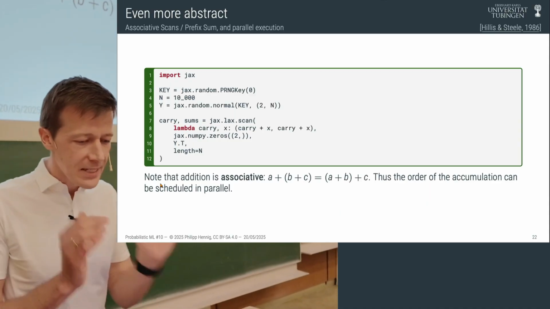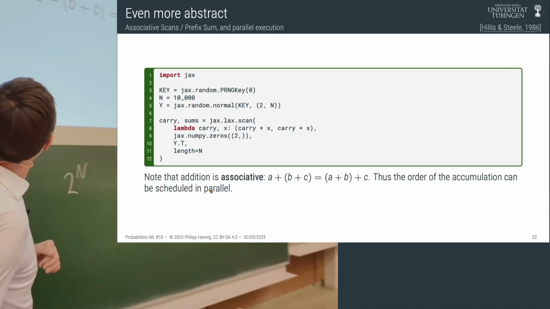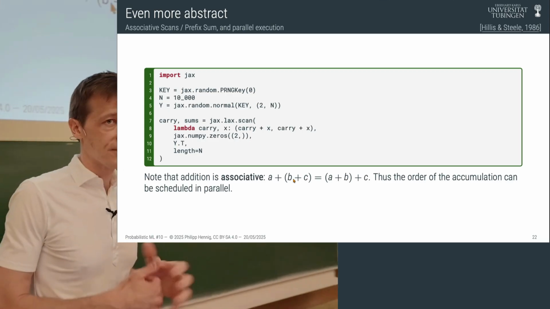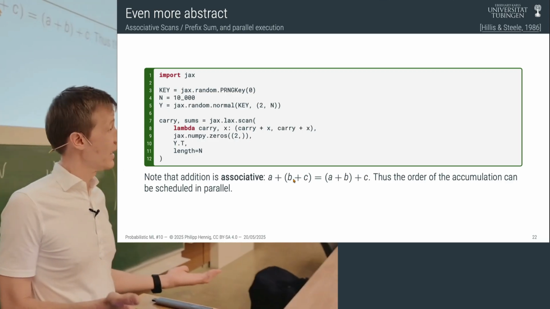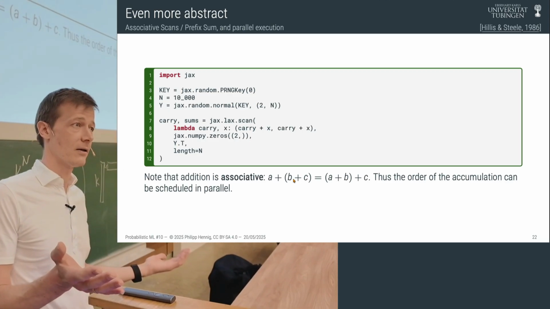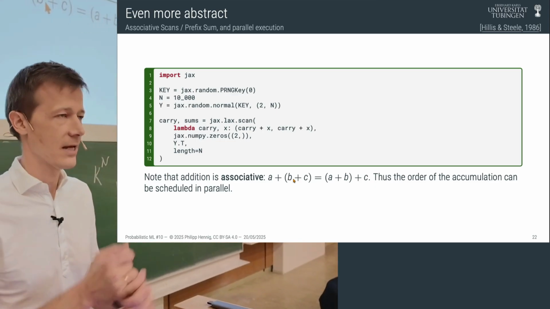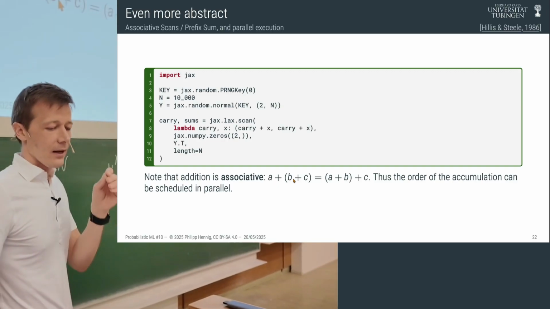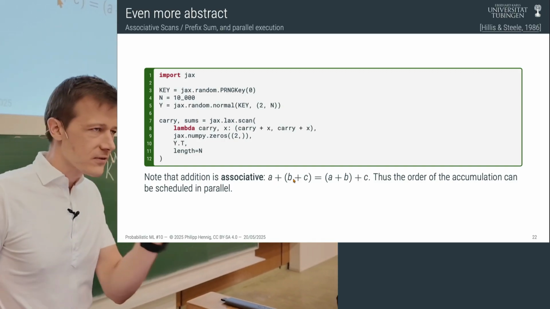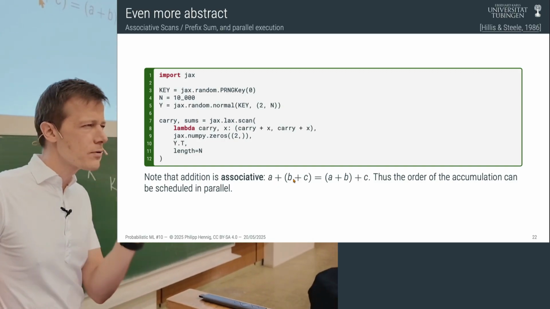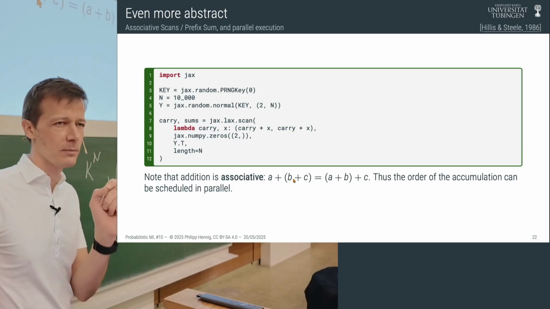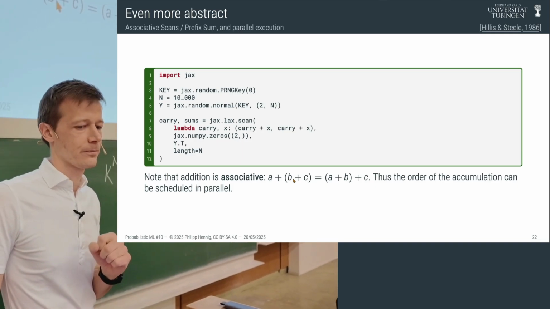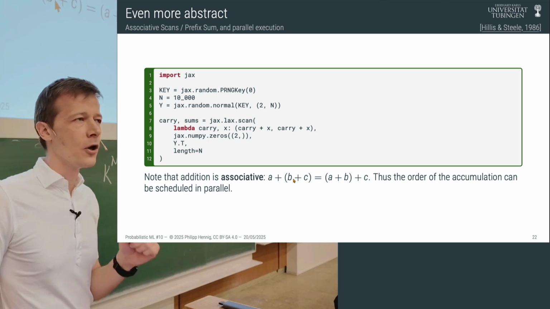Now, here comes an interesting thing. Notice that this addition is associative. So what we're doing here is we're computing plus, right? We're computing a sum of an array. And plus is an associative operation, as you all know from high school. And that associative structure is actually a super powerful idea that allows for parallelization in a non-embarrassing way.